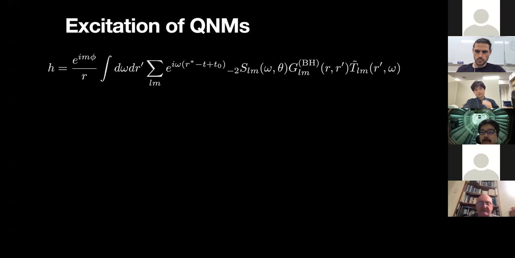Then to look at the higher overtones, we have to solve the Teukolsky equation in very high precision. It's super difficult, but recently Maple also has the function.